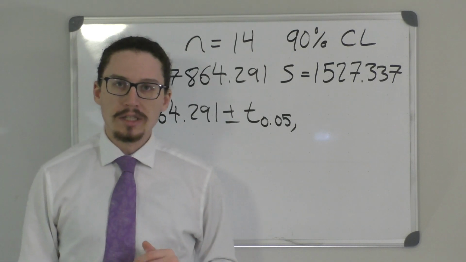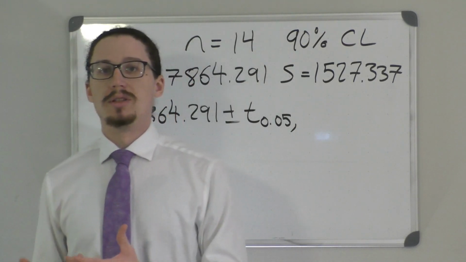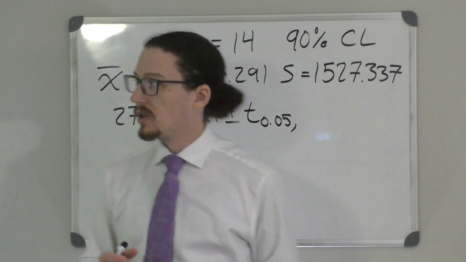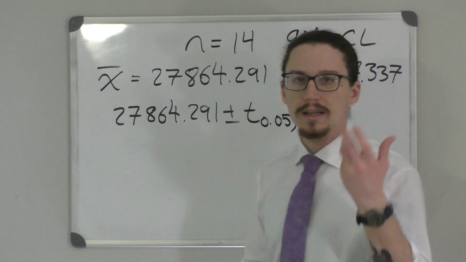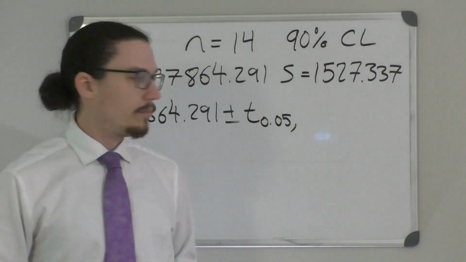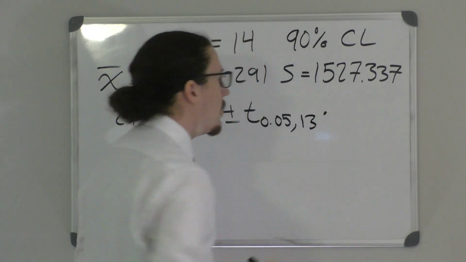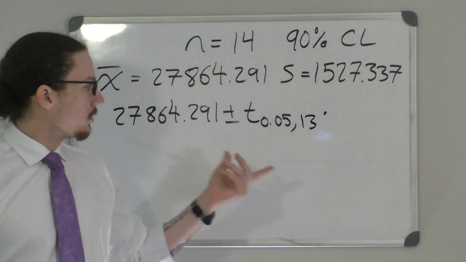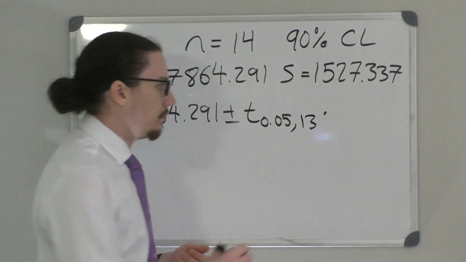Then we'll need to find our degrees of freedom. Our degrees of freedom are n minus 1, so our sample size minus 1. Our sample size is 14. 14 minus 1 is going to give us 13, so our degrees of freedom are 13. Then we are going to multiply this critical value by the standard error.